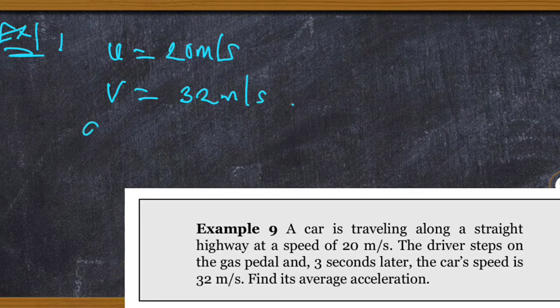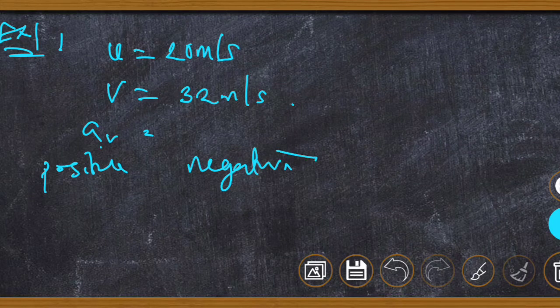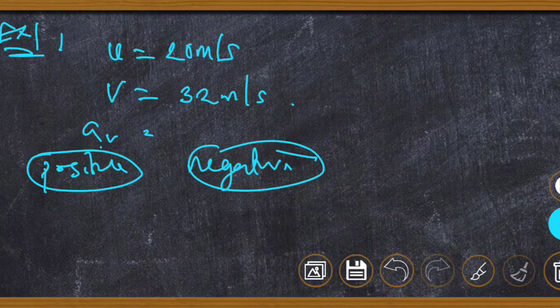Before I solve this question, I want to explain something. The acceleration we're referring to can either be a positive acceleration or a negative acceleration. When do we have positive acceleration, and when do we have negative acceleration?